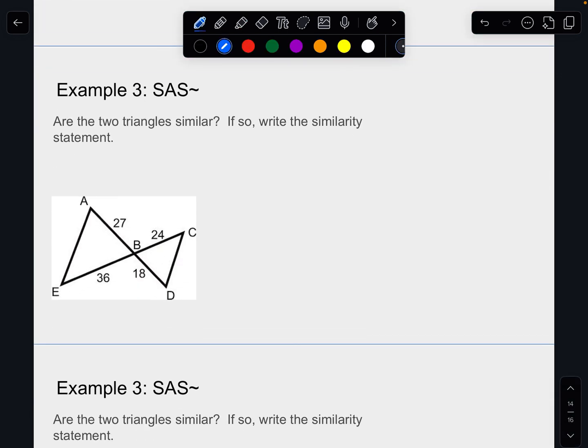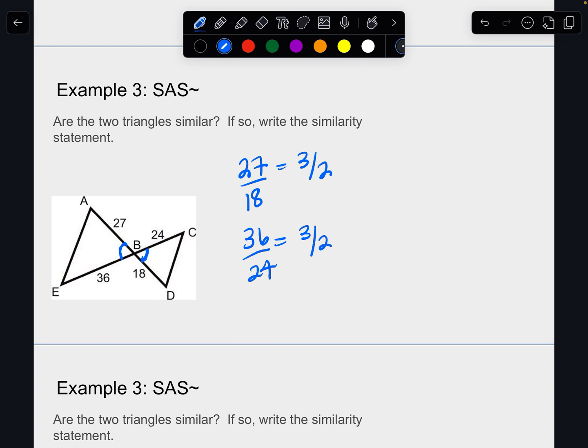So let's look at this one. We know these two angles are congruent because those are vertical angles. And then if we look at the corresponding sides here, 27 over 18, which gives me 3 over 2, and 36 over 24, which gives me 3 over 2.